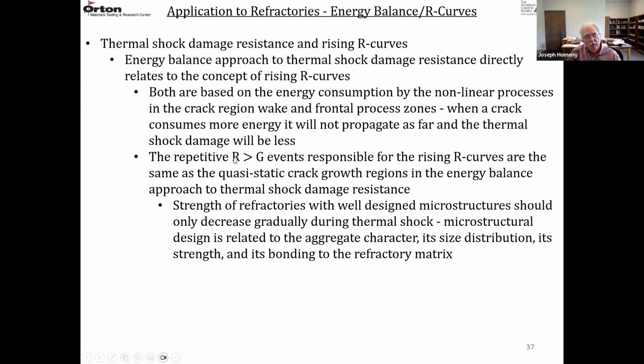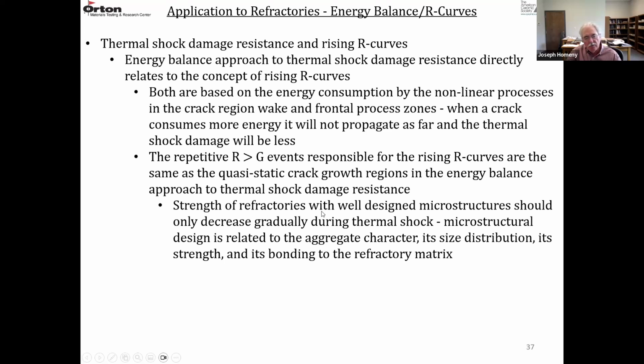So these repetitive R greater than G events are responsible for the rising R curves. They're the same as quasi-static crack growth in that energy balance approach we used to derive R_st and R'''' prime. And that was the energy balance approach for those two thermal shock damage resistance parameters.